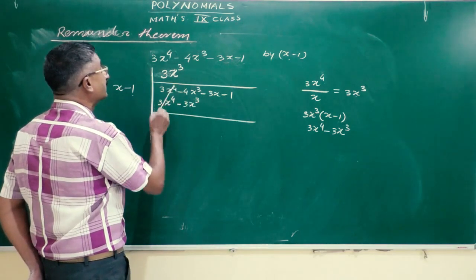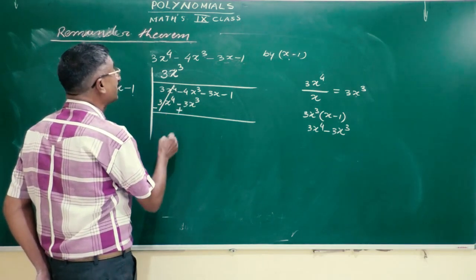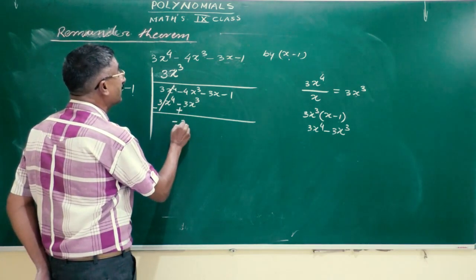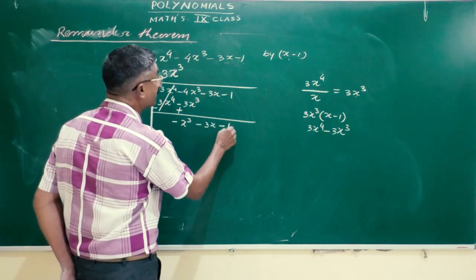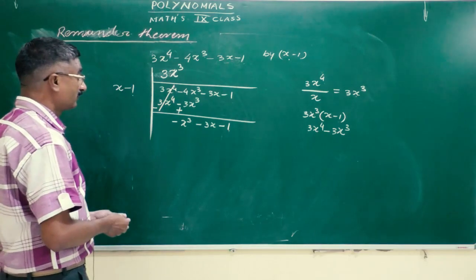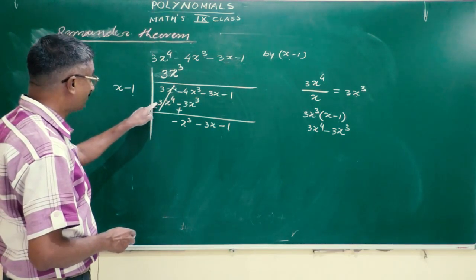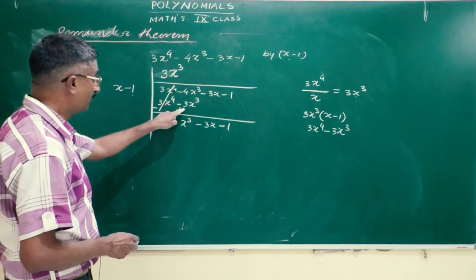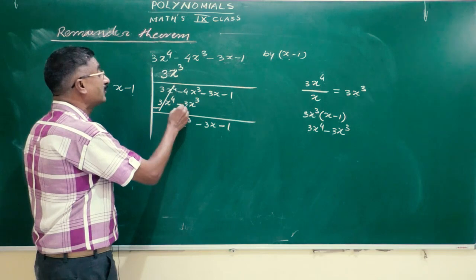so this becomes cancel, minus, this becomes plus, so this is minus x cube minus 3x minus 1. This is positive because we are subtracting 3x raised to the power 4 and this one. So this will become negative and this becomes positive.